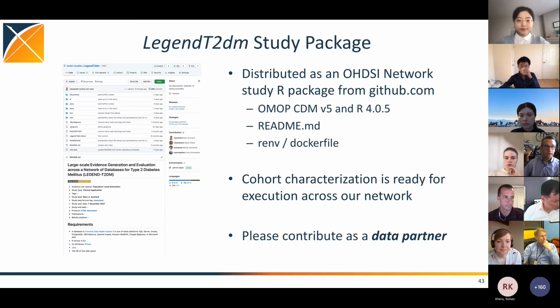And Jose Posada has been very nice to provide a test Docker file for our data partners who can use containerization. So if you are interested in participating, cohort characterization is ready for execution across our network. So please consider contributing as a data partner.